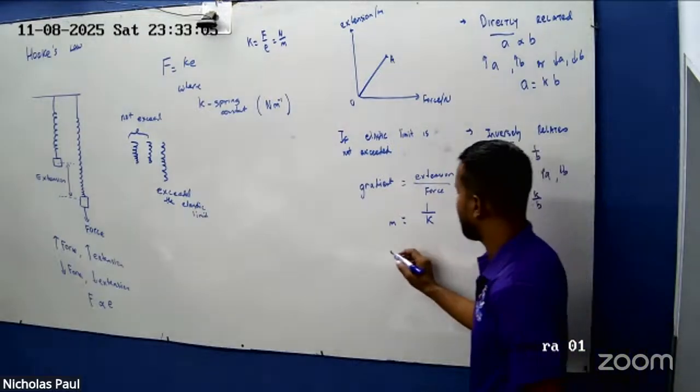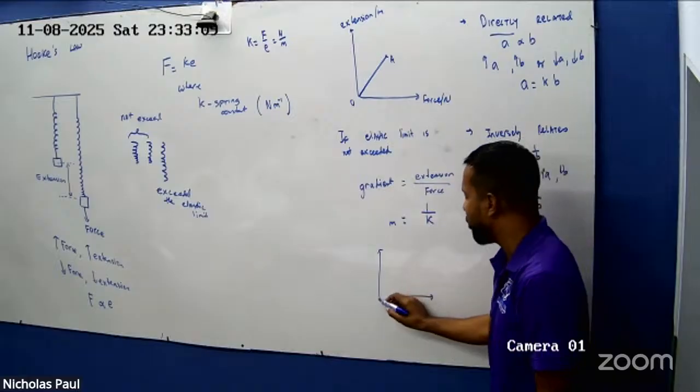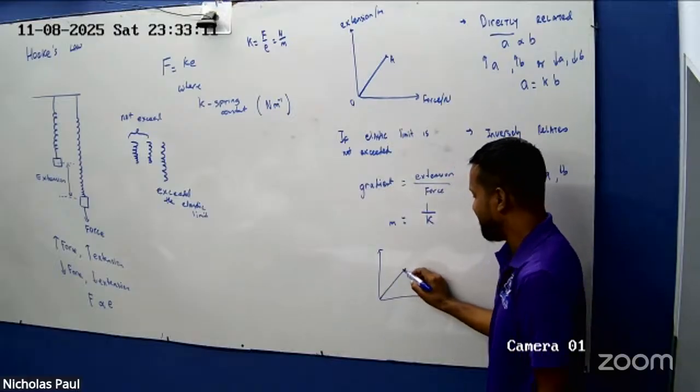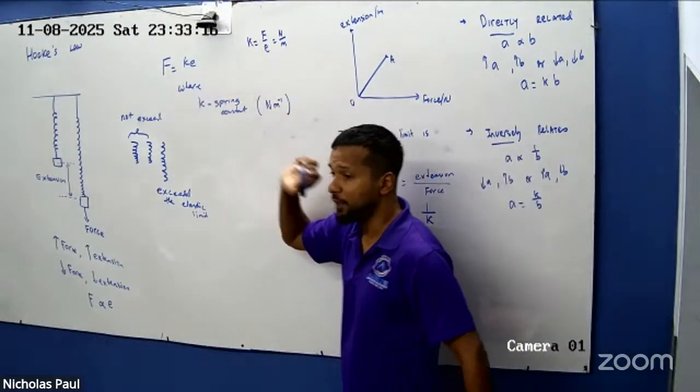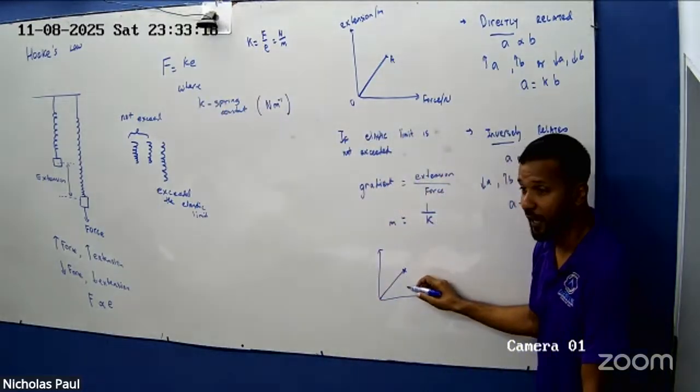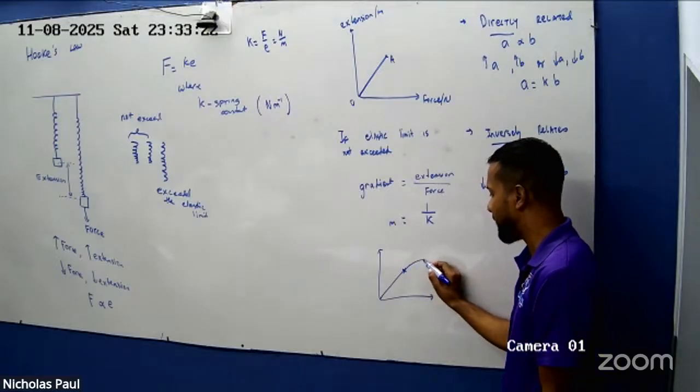Whenever you go beyond A, where A is up to where this is obeyed, it's no longer a nice straight line. It looks something like this, a curve.